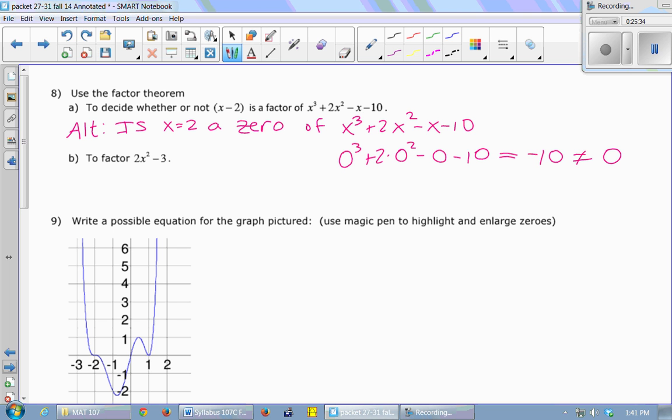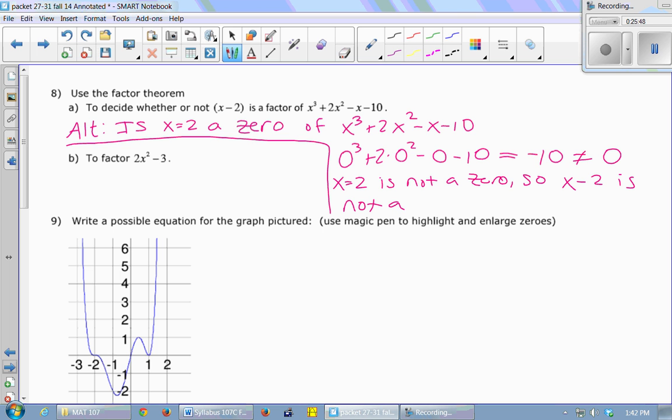So x equals 2 is not a 0. So x minus 2 is not a factor. Way easier than doing the whole long division to figure out if it will go in evenly.